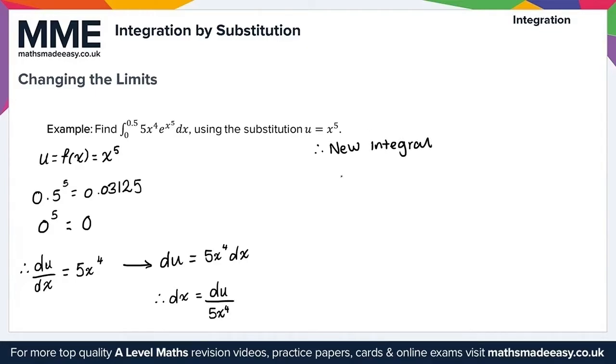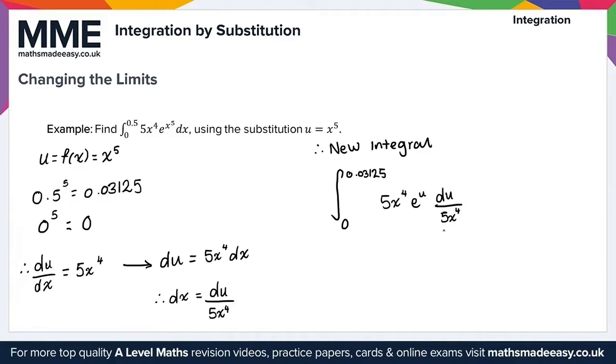So the new integral is simply going to be, first let's consider the limits. As we've noted, my lower limit is 0 and my upper limit is 0.03125. The integrand now is going to be 5x to the 4 times e to the u, du over 5x to the 4.